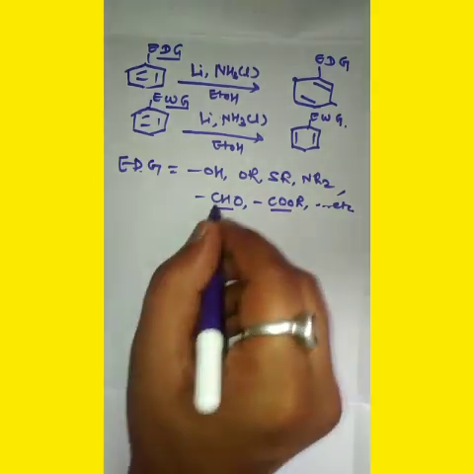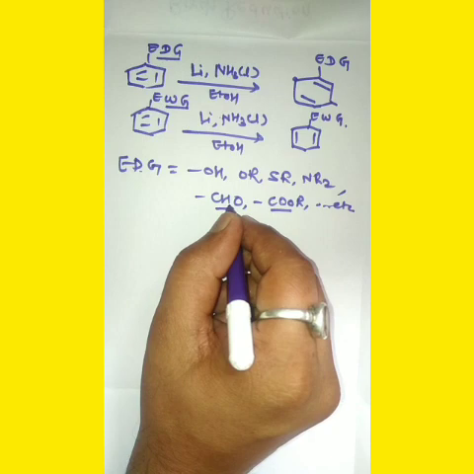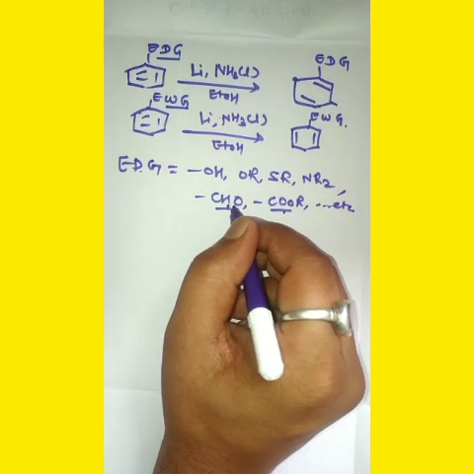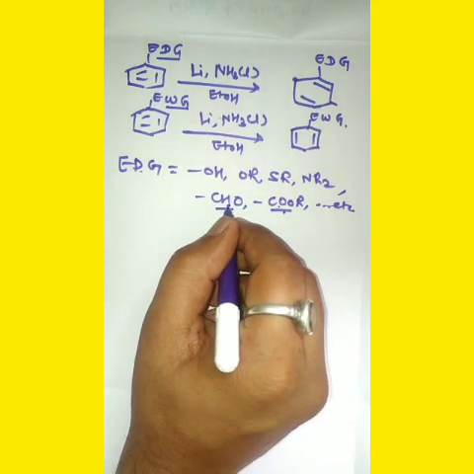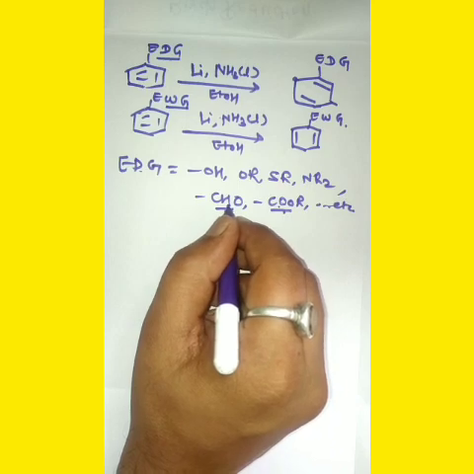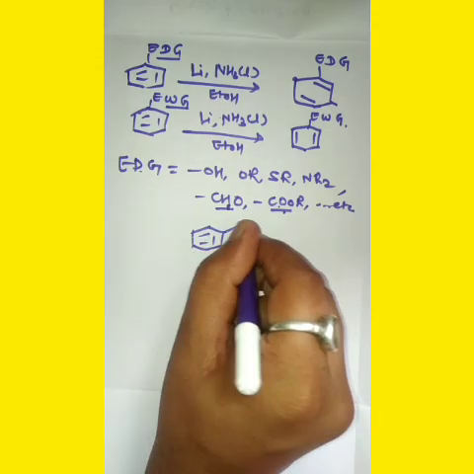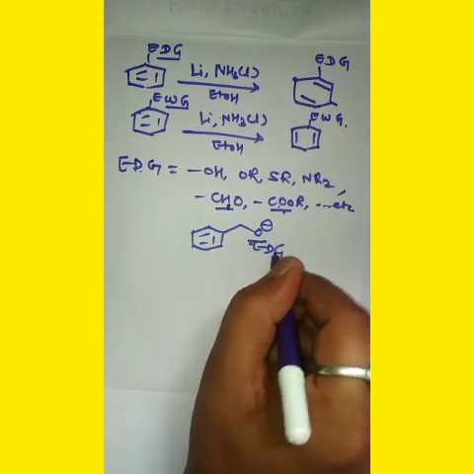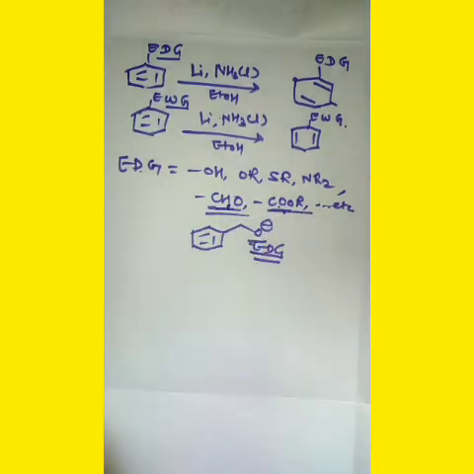In the Birch reduction of an aromatic aldehyde or ester, first the carbonyl group of the aldehyde or ester is reduced, converting to the corresponding allylic alcohol anion like this anion, and this anion acts as an electron donating group. So right here there is CHO and COR.